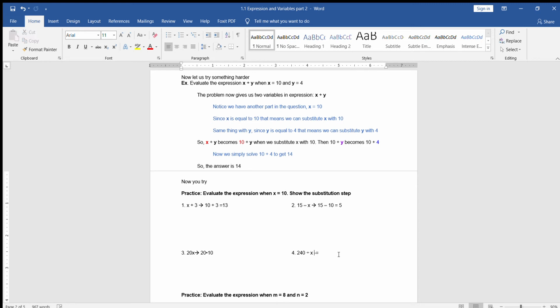So now let's move on to 24 divided by x, which is basically 24 divided by 10.